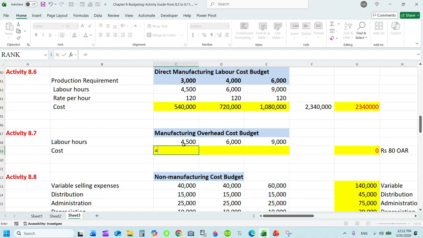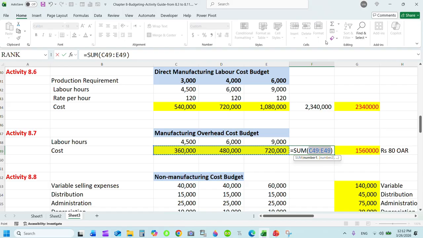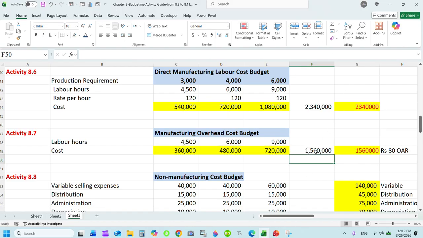So accordingly, manufacturing overhead cost for the month of January should be this many hours times 80 rupee, this much. Accordingly the total is this much, 1,560,000. Right.